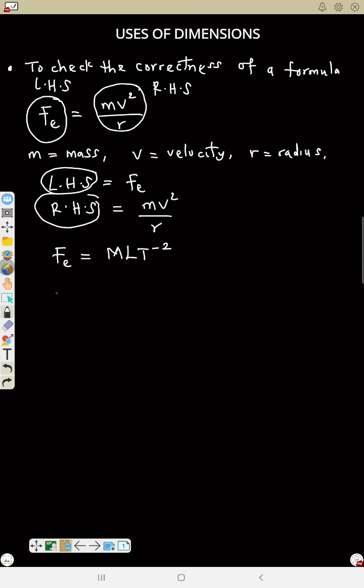Now, on the right hand side, we have mv square over r. So what is m? M is mass, and v is velocity. The dimension of mass is M. The dimension of velocity is LT raised to power minus 1, everything squared.